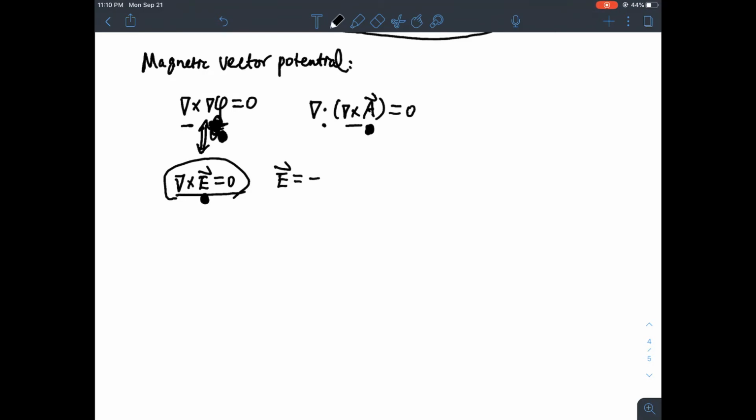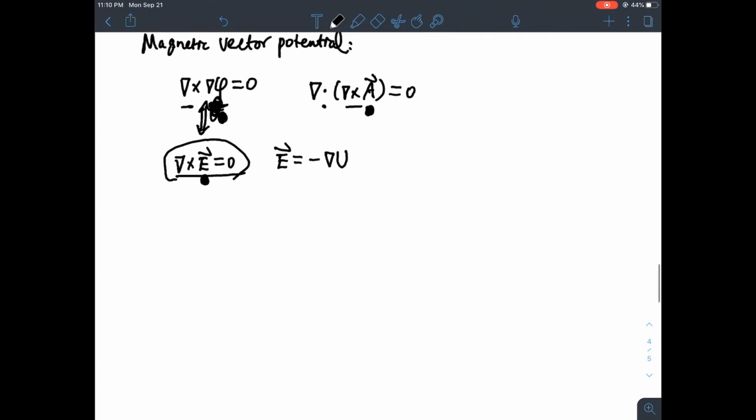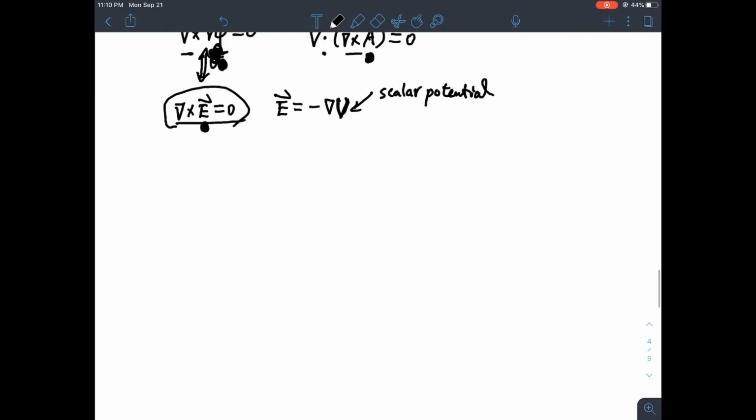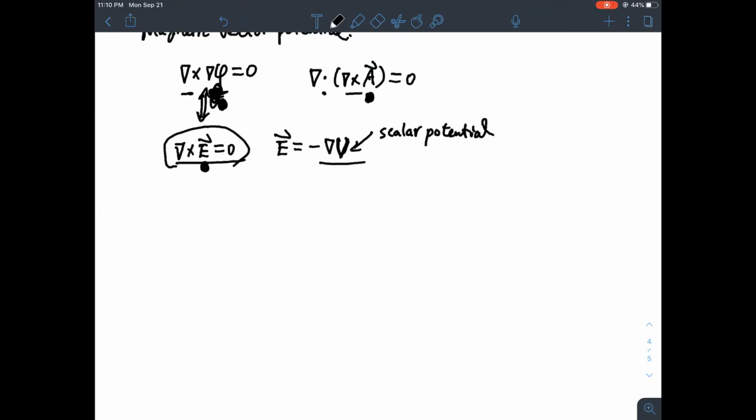We define E as the negative gradient of a function, the negative sign is just a convention. The function I defined here is negative V if you directly compare with this one. So this is really a scalar potential, which we also call the electric potential.